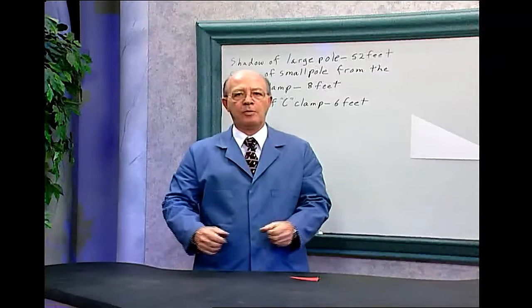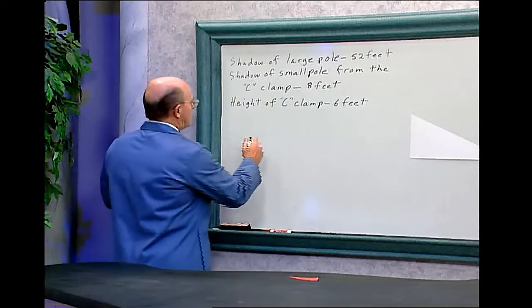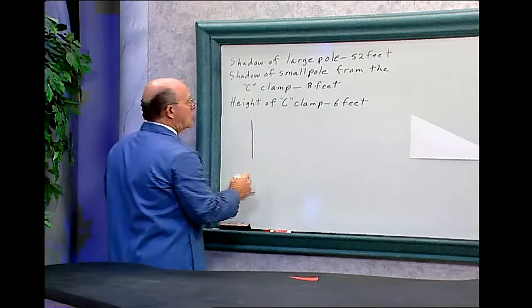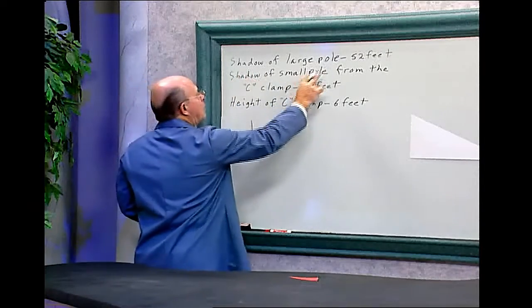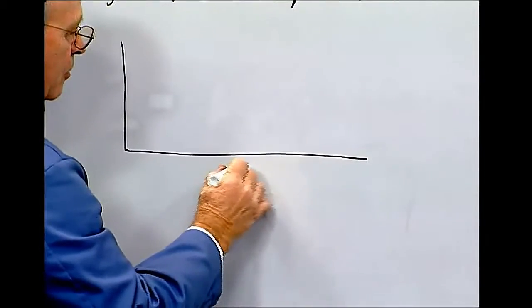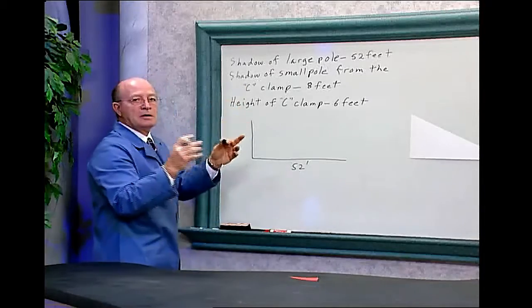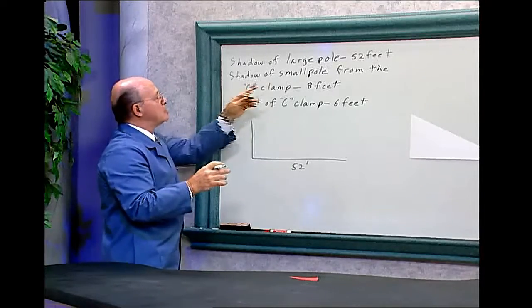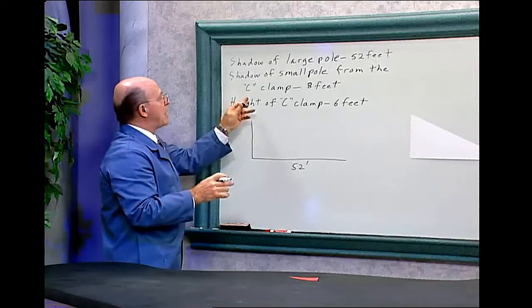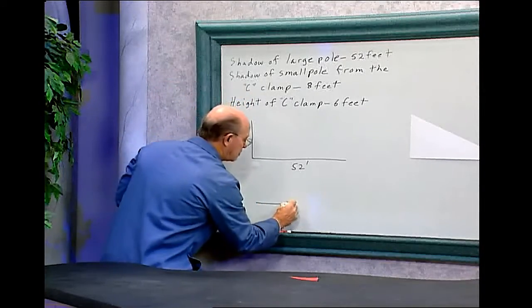Let's figure the length of the pole. The pole is unknown. The shadow of the large pole is 52 feet. Now I put a C-clamp on the small pole, and the shadow from the C-clamp is 8 feet.